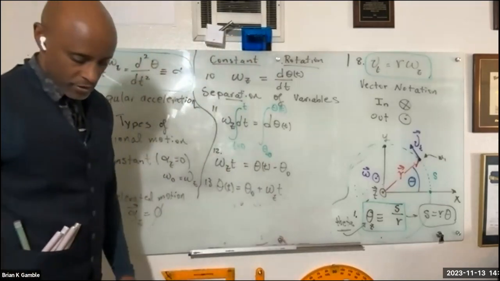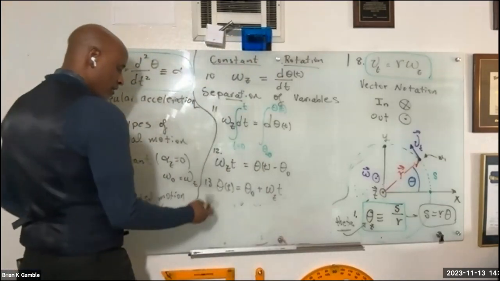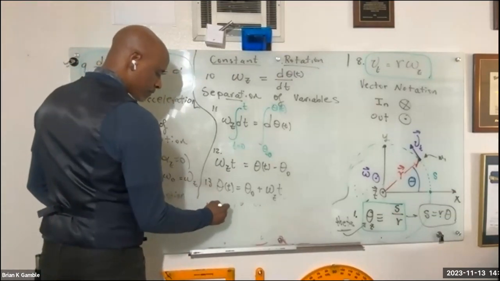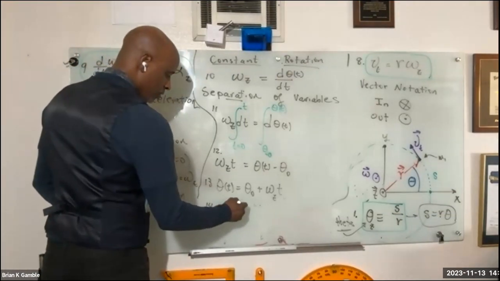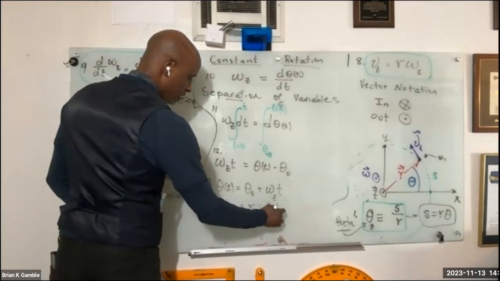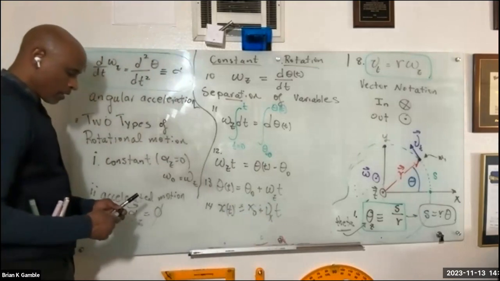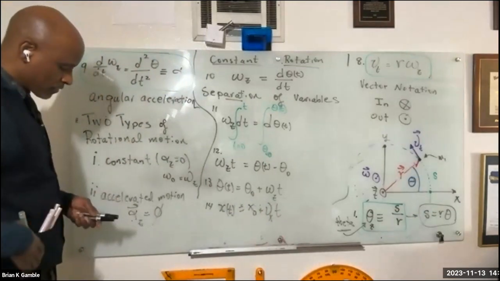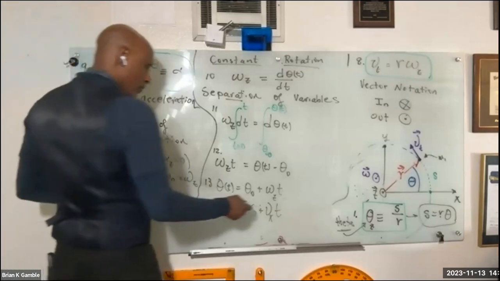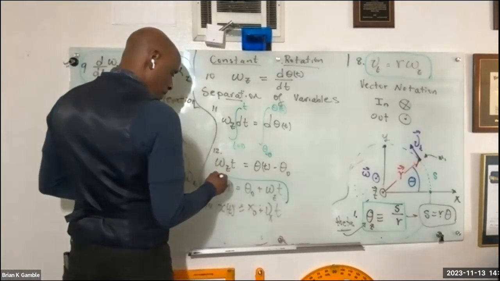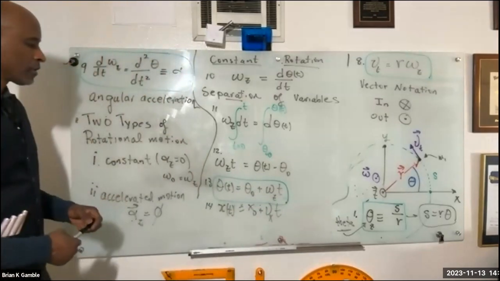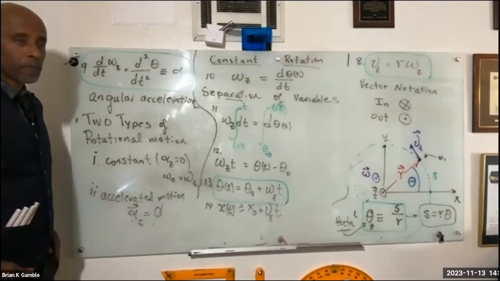We did it two ways back then. So that mimics the equation x of t is equal to x naught plus vx times t. So that's the first equation of motion for rotational motion, the position equation, analogous to the position equation in one dimension.